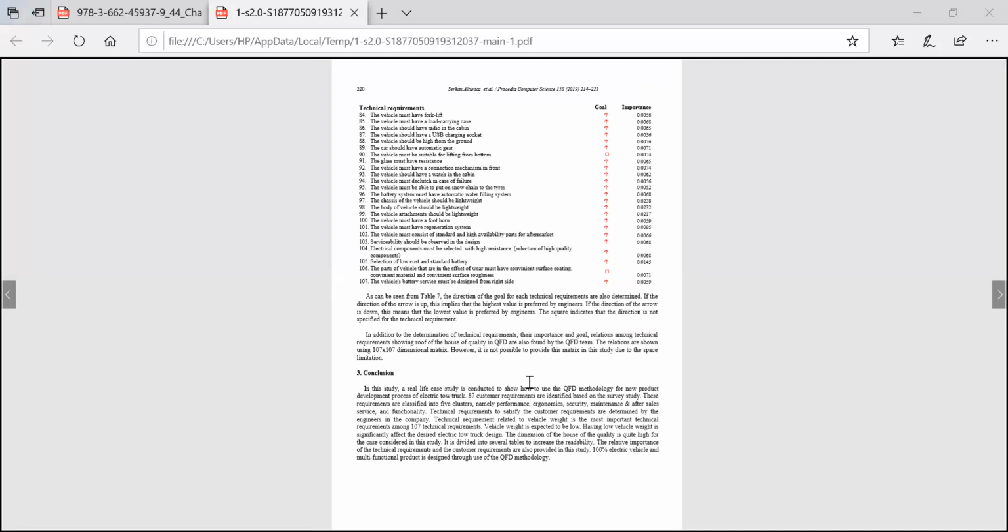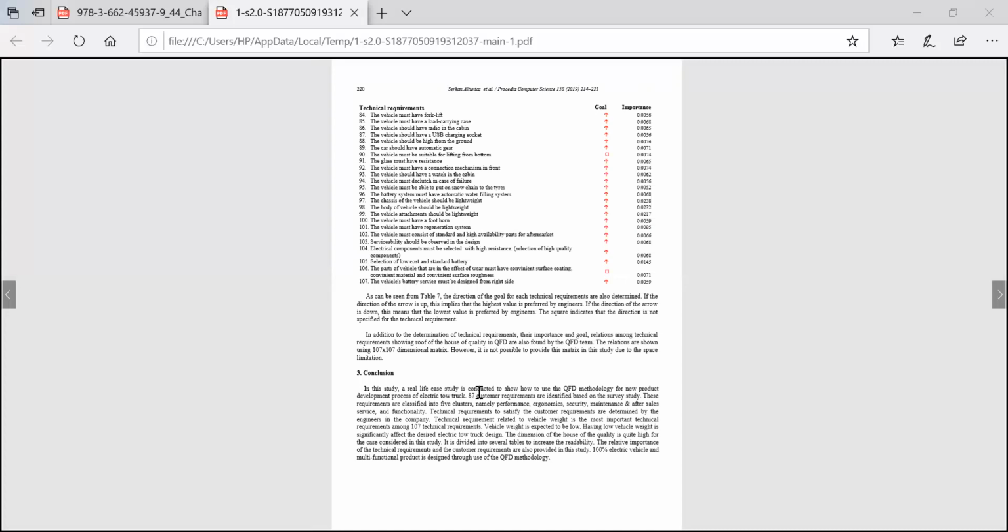As a result we can conclude that a real life case study could be conducted using the QFD methodology for any new product development. In this case it was explained using an electric tow truck.